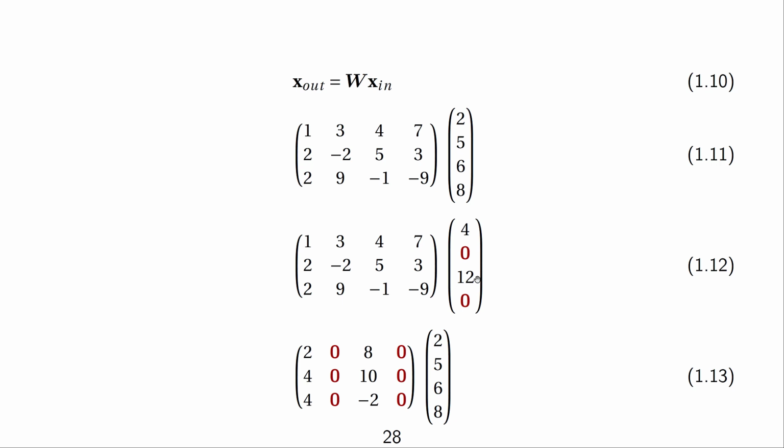If we rewrite this, then we can say that this second entry multiplies the second column of the matrix, and this fourth one multiplies the fourth column of the matrix. So alternatively, I could have multiplied the weight matrix itself by a factor 2 and set the second column and the fourth column to 0.